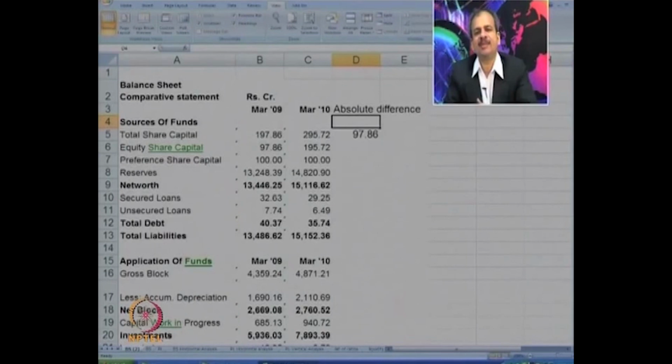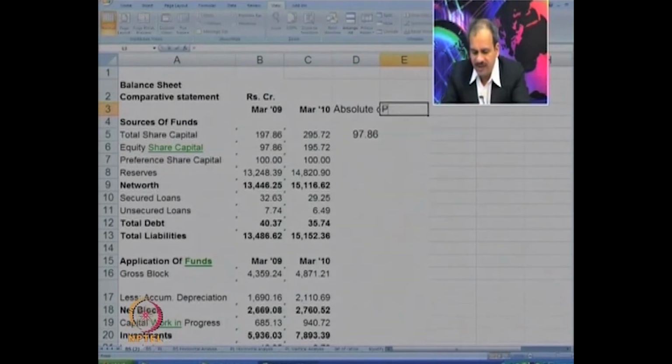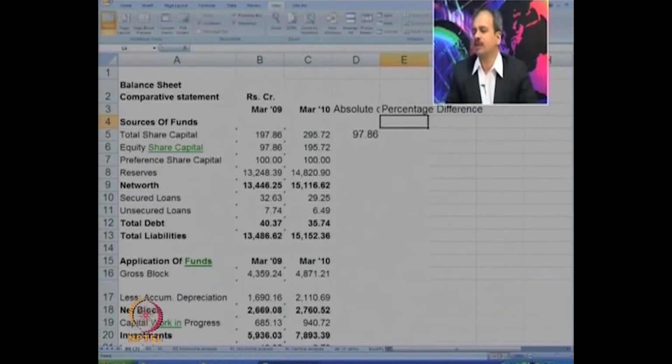As I told you last time, I am going pretty slow. I expect you also to solve along with me. Along with the absolute difference, we will also try to find the percentage difference or percentage change. So, we have an increase of 97 on the base of 197, multiplied by 100, so that we get it in percentage terms.